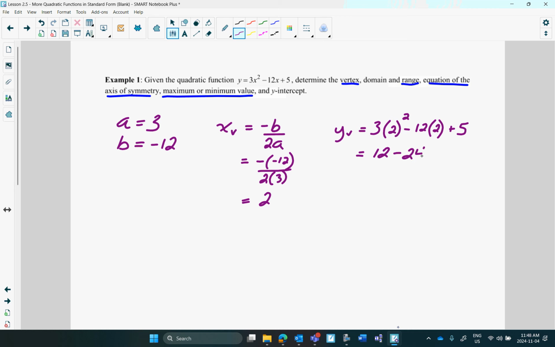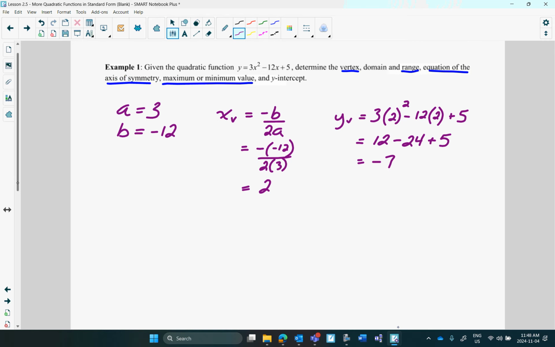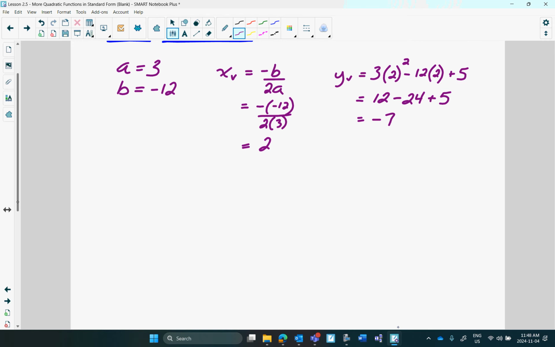Minus 24 plus 5. Looks like it gives me -7. Okay, let's go to properties. Well, vertex, we just found it.